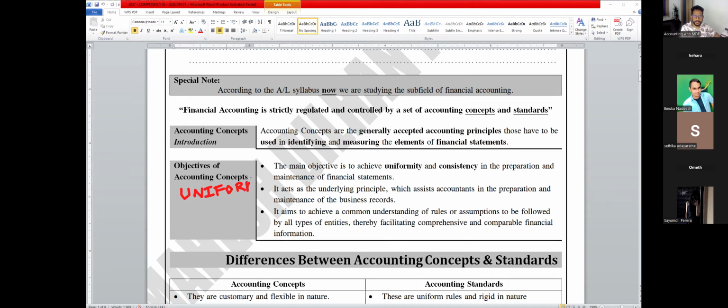Uniform. Another question: why is there a uniform for school children in the Sri Lankan context? Can somebody tell me? Why do school children have a uniform? Can you tell me that?